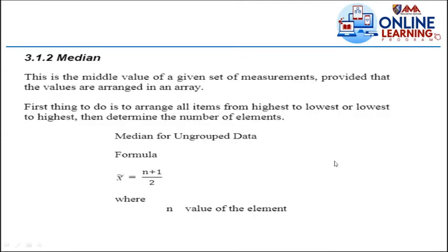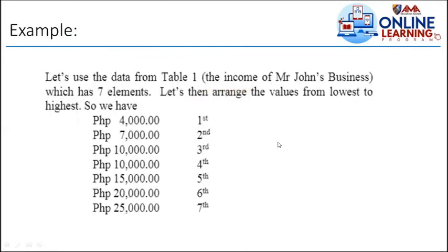But in the median, when we have data sets, the first thing we're going to do to solve it is to arrange the data sets, preferably from lowest to highest, so we can use this formula to have an accurate answer. Let's say for example, let's use the data from Table 1 that we used earlier.